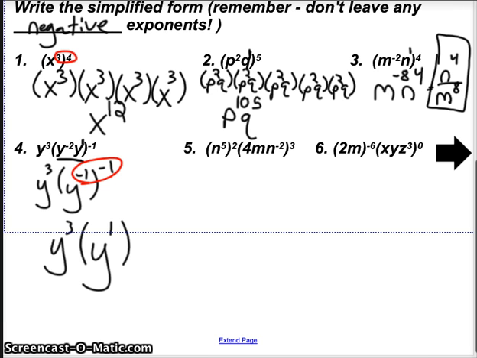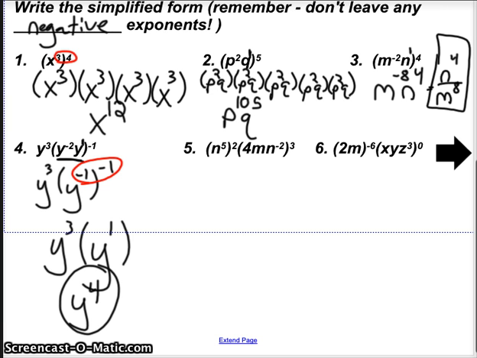Interestingly enough, look at what I'm left with. I have y to the 3 times y to the 1. I'm back to a simple multiplying problem, multiplying two things with the same base. So I'm back to adding my exponents. 3 plus 1 leaves us y to the 4th power.